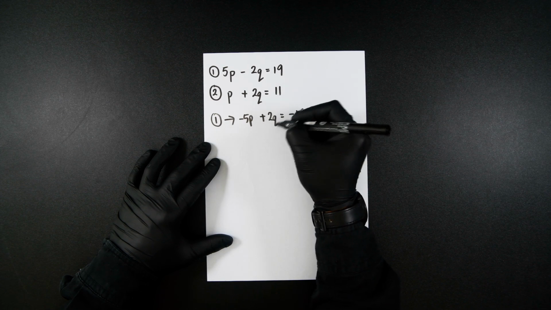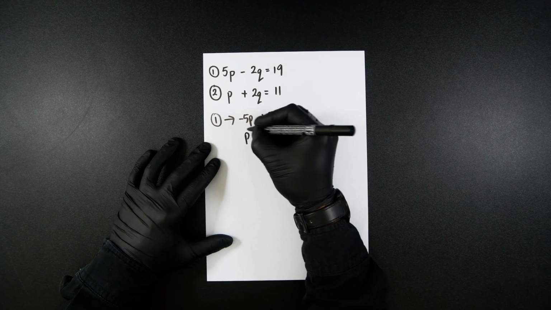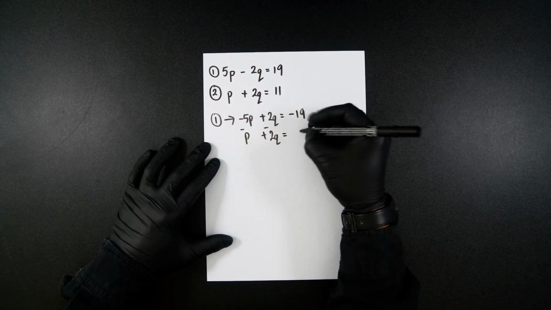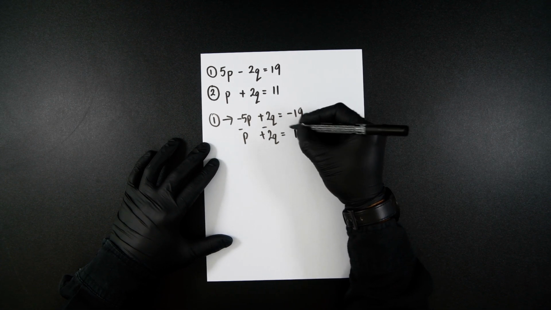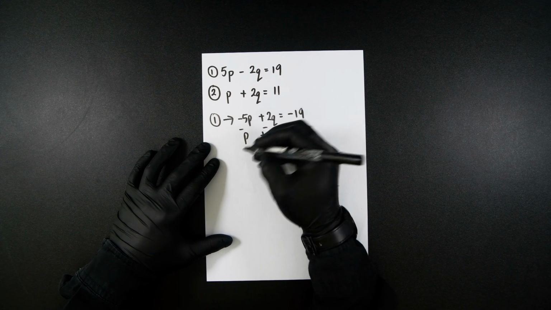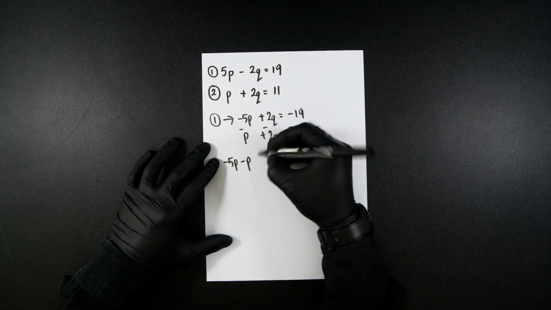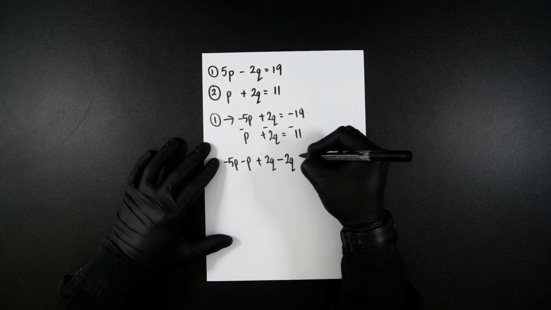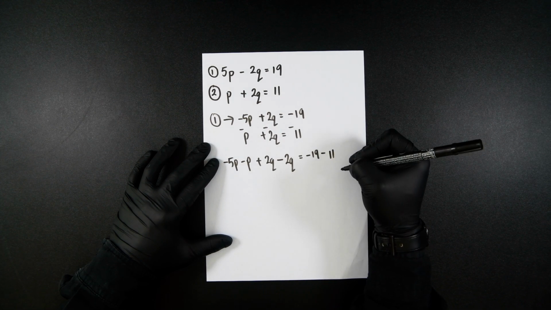Now, this coefficient is the exact same value as this coefficient. So if we subtract the first from the second, you're now going to get minus 5p minus p, 2q minus 2q, and minus 19 minus 11.